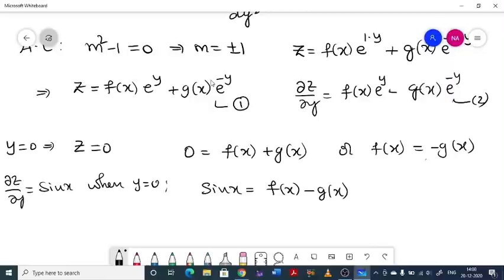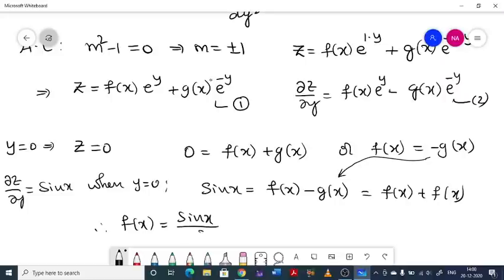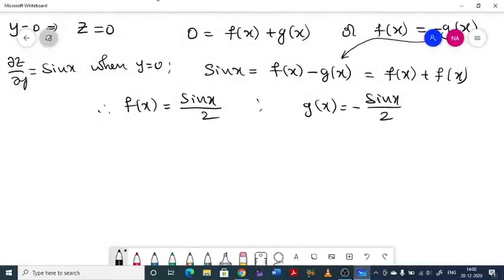Substituting for −g(x) from this, I get f(x) + f(x). Therefore, f(x) is sin x / 2 and g(x) is −sin x / 2.